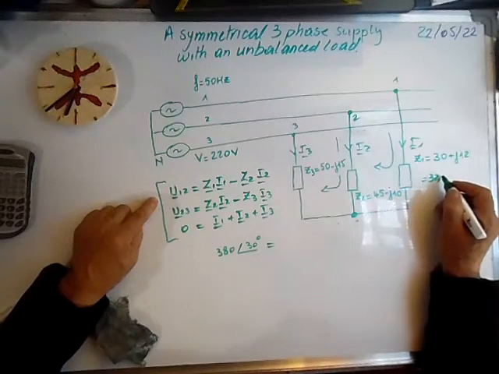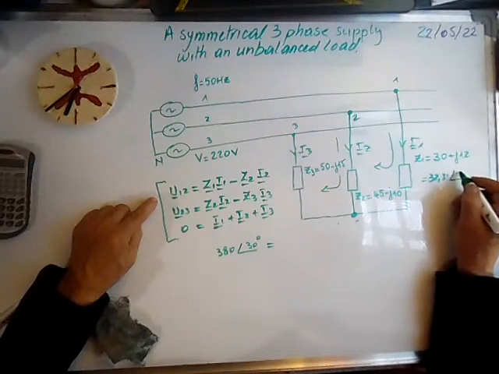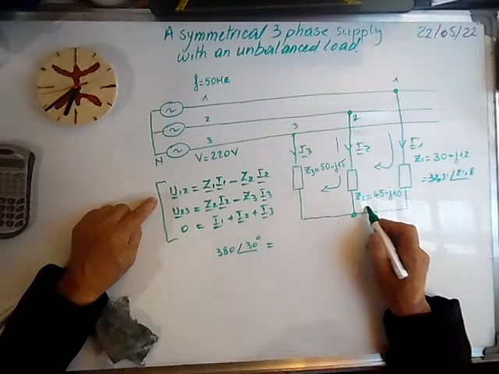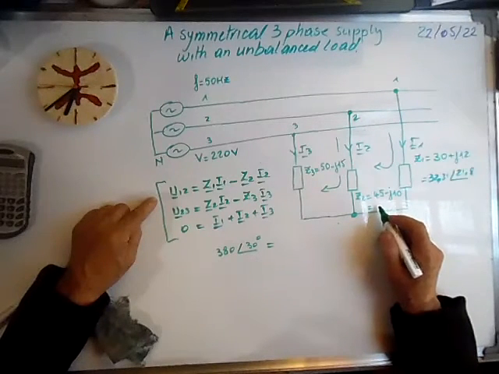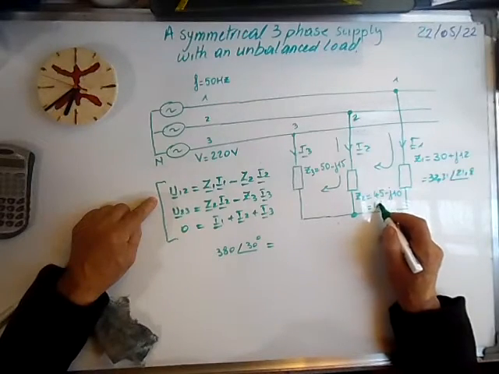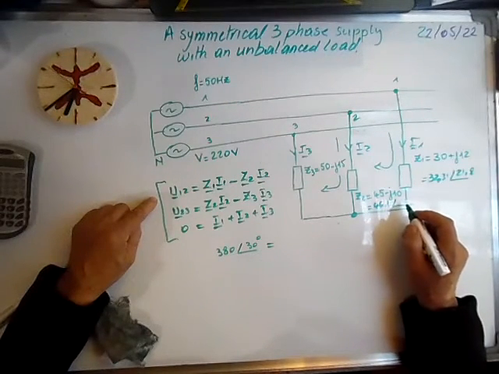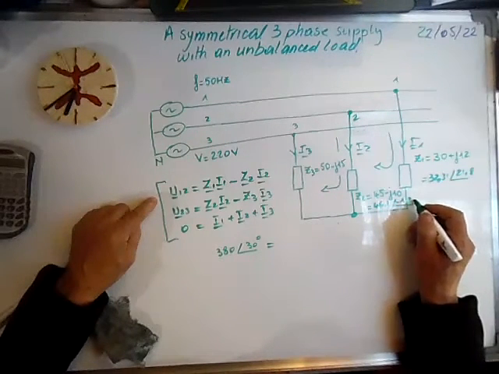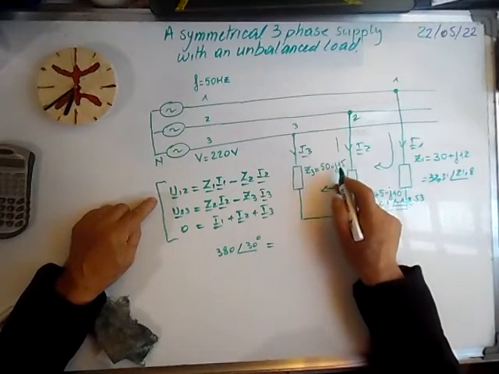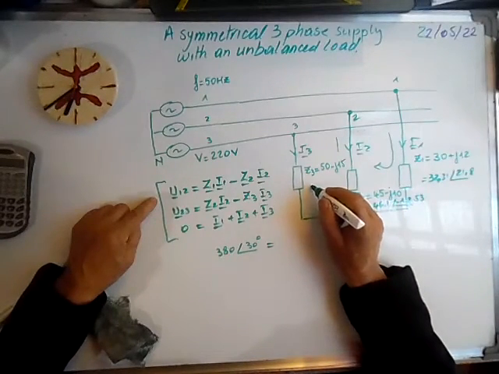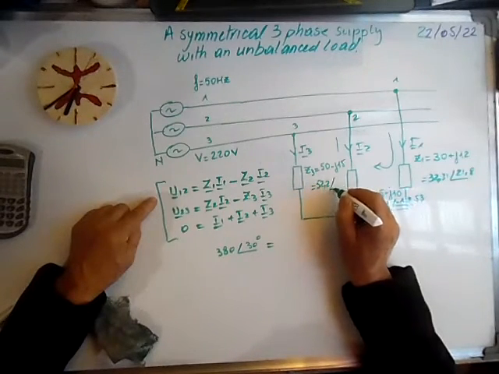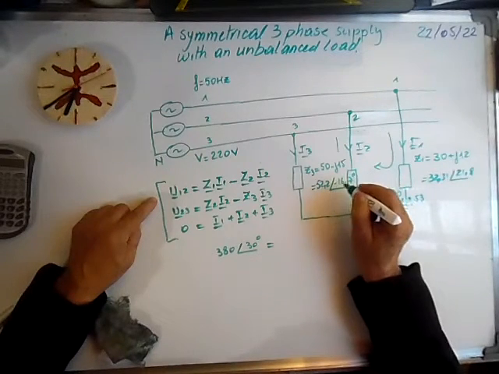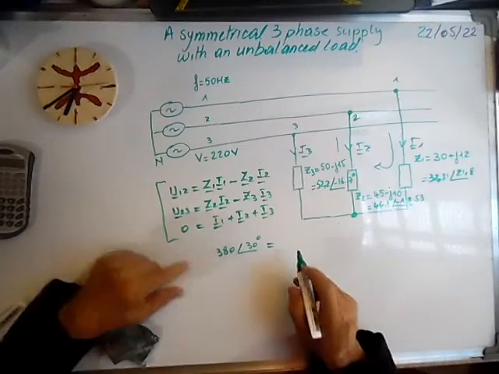The first has module 32.31 and argument 21.8 degrees, the next has module 46.1 and argument minus 12.53 degrees, and here is 52.2, and the argument is minus 16.7 degrees. Okay, we can write these equations now.